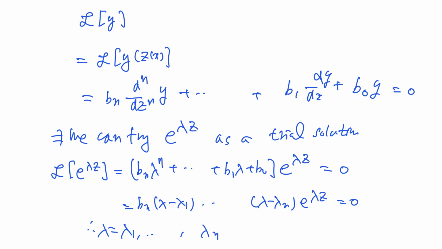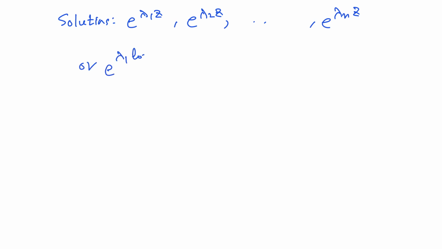The solutions are the following: exponential lambda 1 z, exponential lambda 2 z, ..., exponential lambda n z, right? Or exponential lambda 1 log x, exponential lambda 2 log x, ..., exponential lambda n log x.